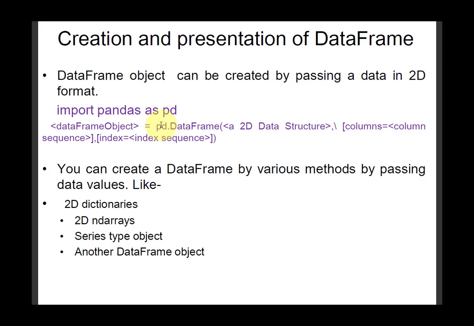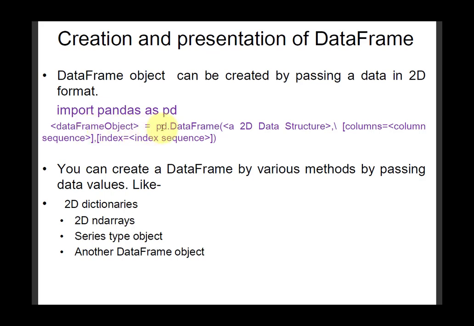Its syntax is, first you have to import pandas as pd. This library you have to import with the pd object. Next you will define the data frame object. Any user defined name you can assign to the data frame object.